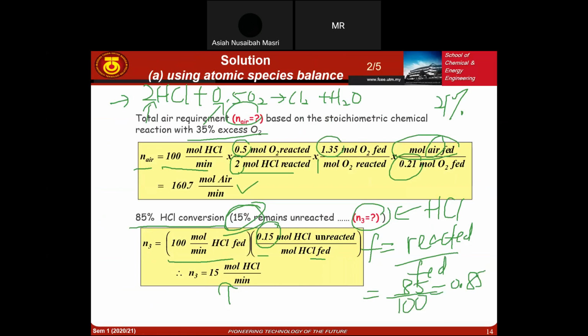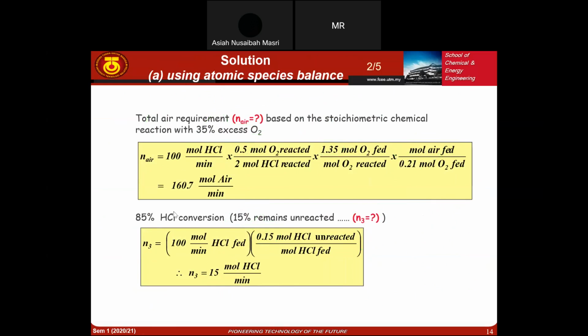Or if you want to relate it with N3, like just now I showed in the equation, let me just clear up this thing. Okay, we can use the conversion equation. F is equal to how much reacted over how much feed. We know already how much feed is, 100. How much reacted?